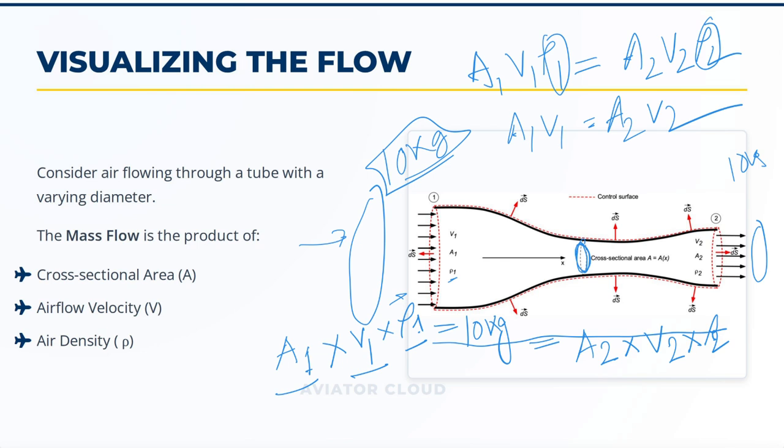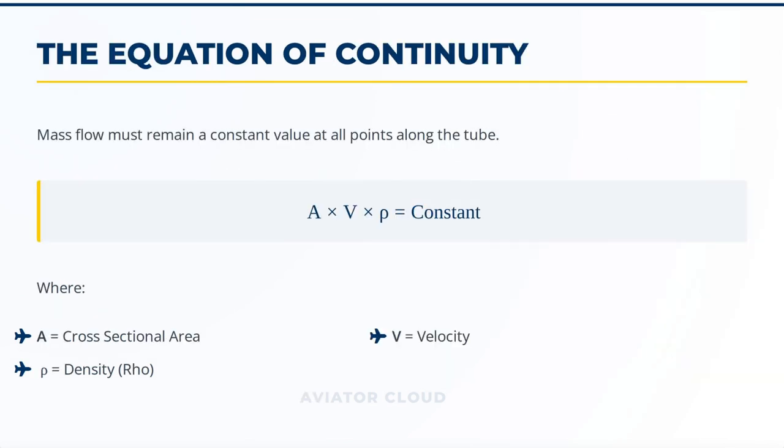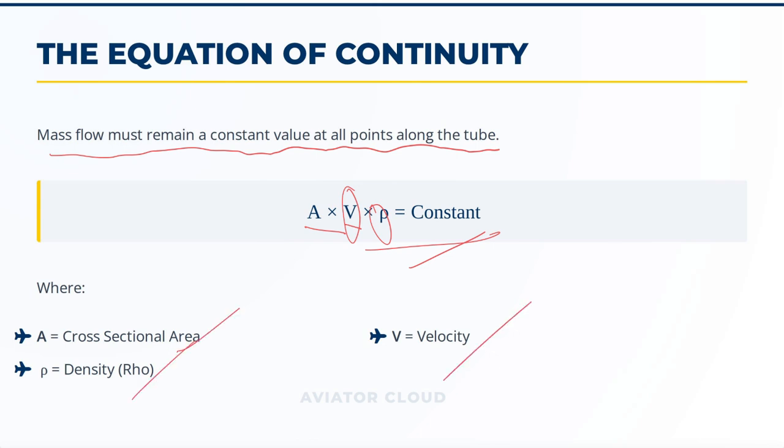That means if the cross section reduces to the A2 area, the velocity V2 has to increase to keep the flow constant. This is the principle, very simple. So what we understood is that the mass flow must remain a constant value at all points along the tube. That means A times V times ρ is constant, where A is the cross-sectional area, ρ is the density, and V is the velocity.